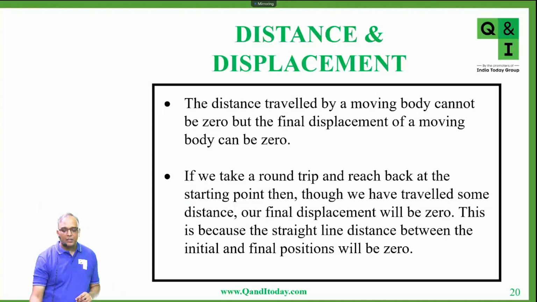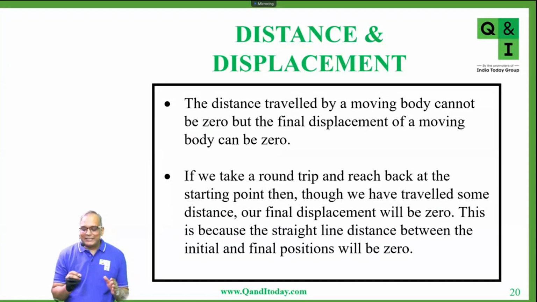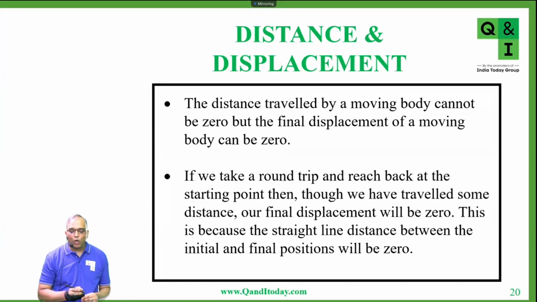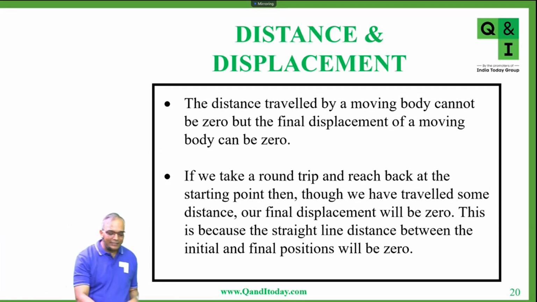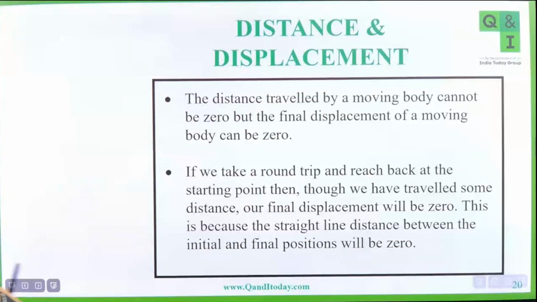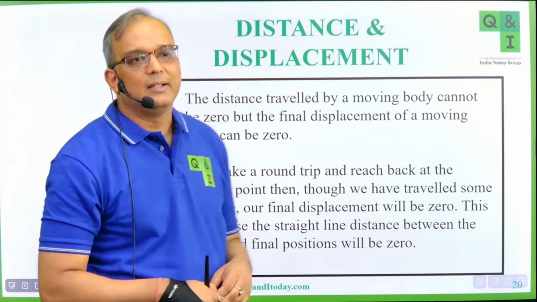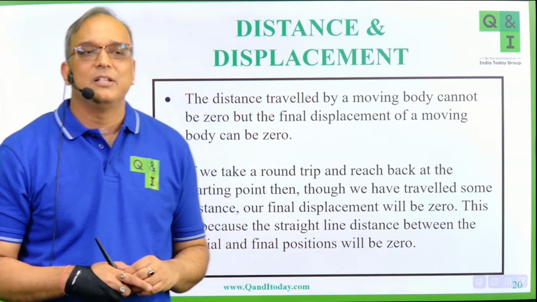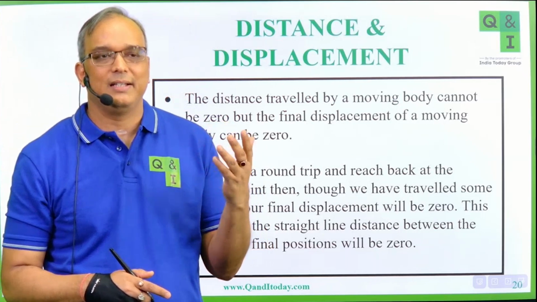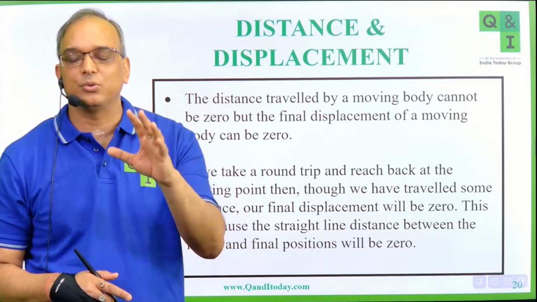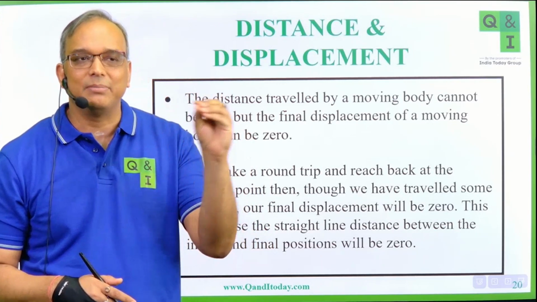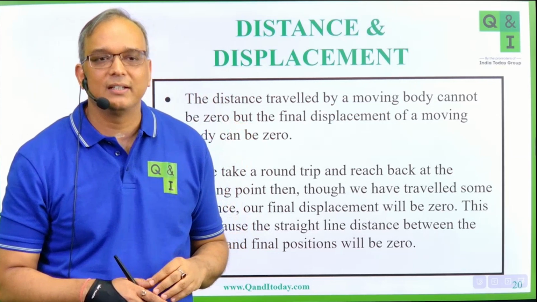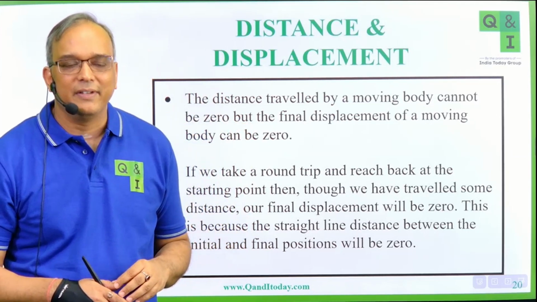Now, another concept: the distance traveled by a body cannot be zero, but the final displacement of a moving body can be zero. Can anyone tell me an example of how this can be possible? Let's say a body is moving from one position to another. We say that there will be some distance which the body would have covered, right? Very good, Sanjeev.